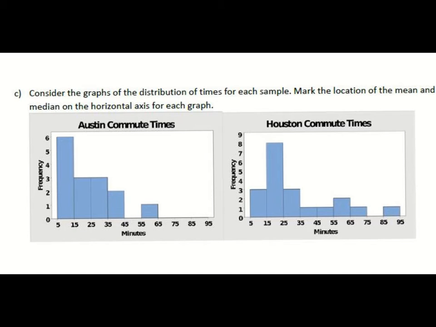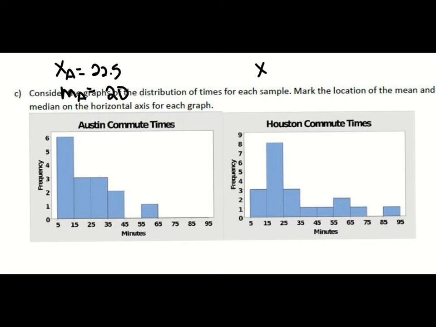Okay, so on this screen, they want you to mark the median and the mean for each one. And so if you remember for Austin, the mean was 22.5 and the median was 20.